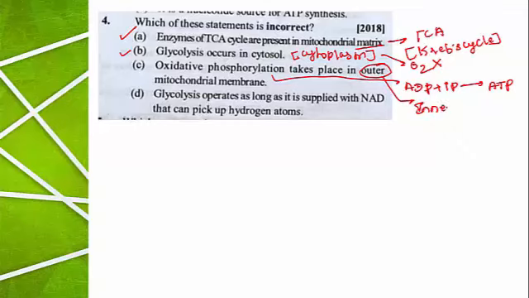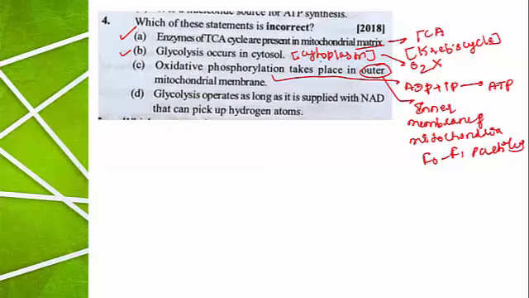This is associated with the inner membrane of mitochondria, where the cristae are present, and cristae are having F0-F1 particles. Therefore it is part of the inner membrane of the mitochondria.